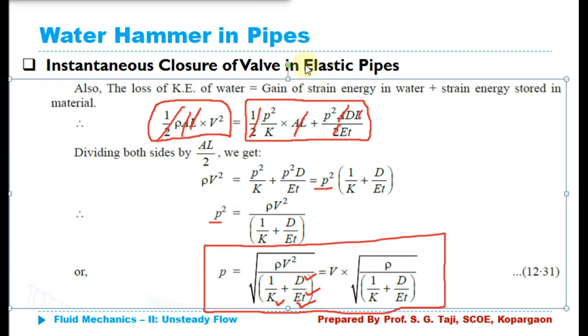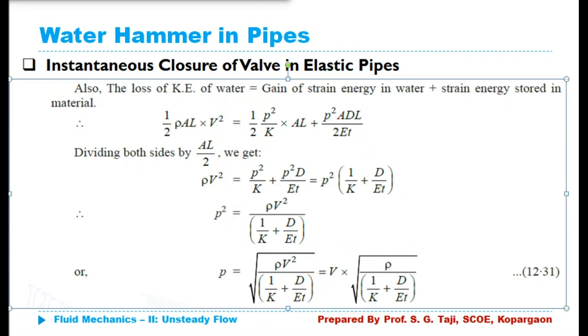So when we are considering an elastic pipe, we can determine this equation. We have got the equation for P as V under root of rho divided by 1 upon K plus D upon ET. Remember this equation. Hope you understood this derivation, and we are going to use the same derivation while solving the numerical.